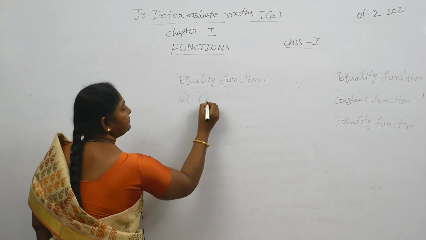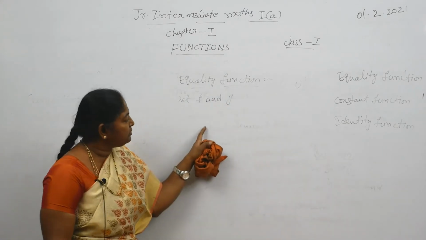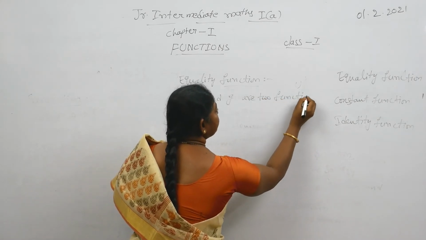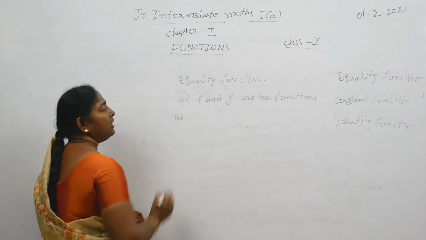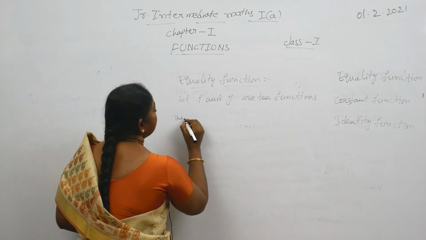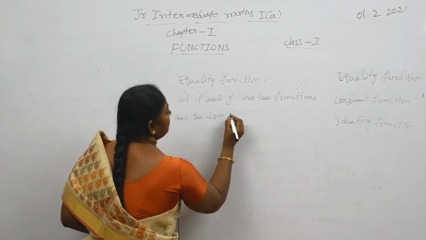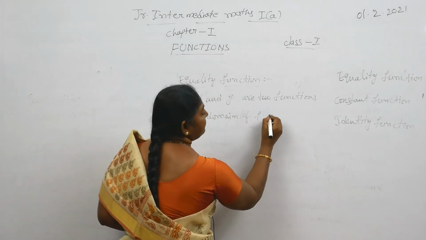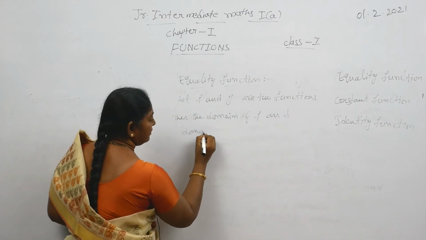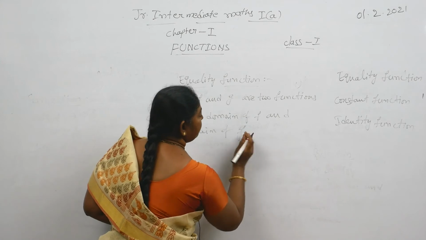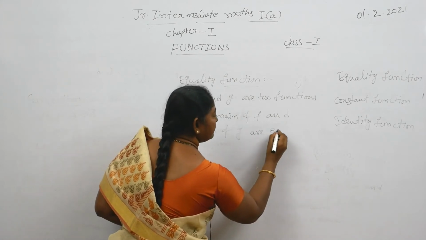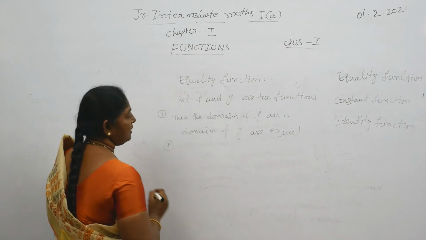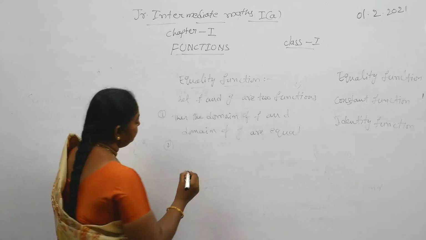Let F and G be two functions. Then the domain of F and the domain of G are equal, and the second condition is that the range of F and the range of G are equal.